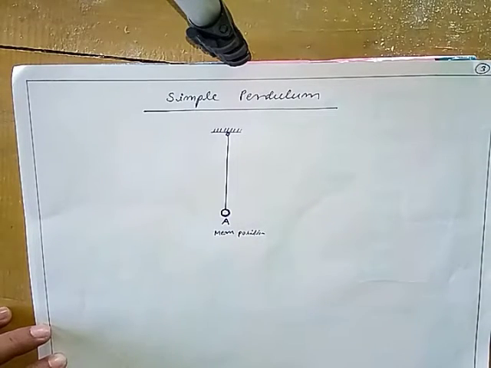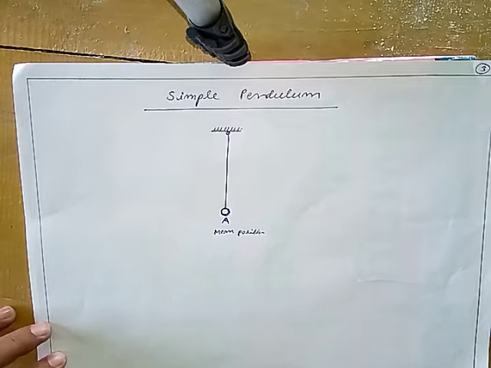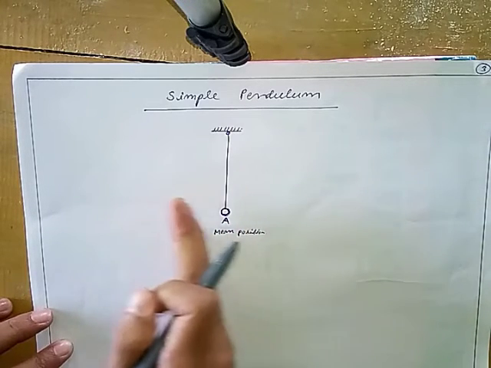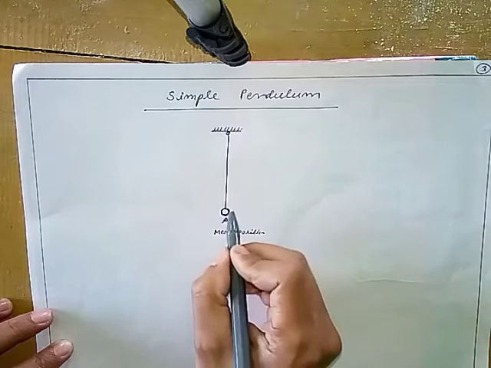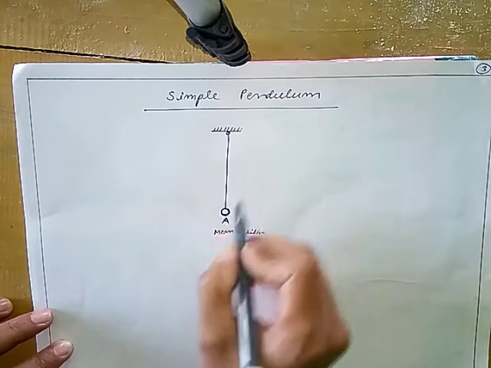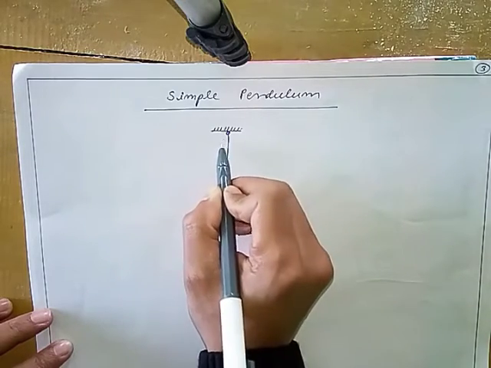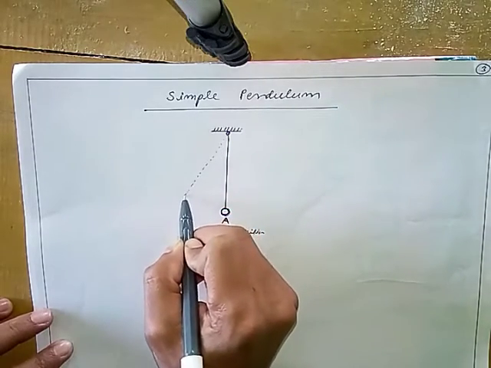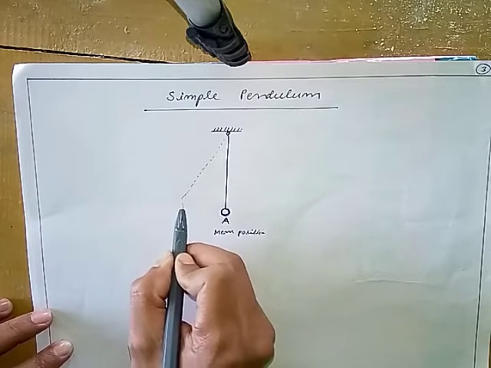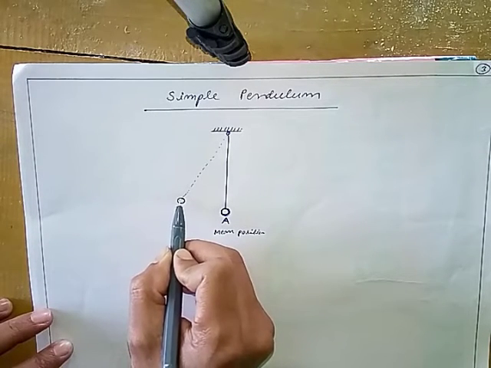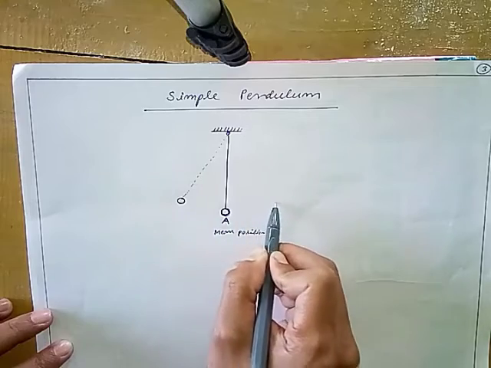This A is the mean position of the pendulum. Now when you displace the pendulum, it will move here, and again it will go to this position.